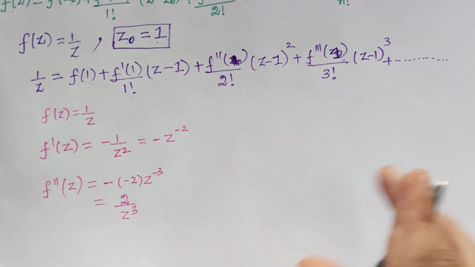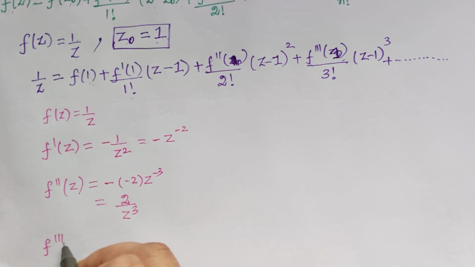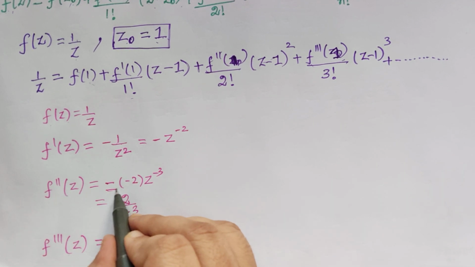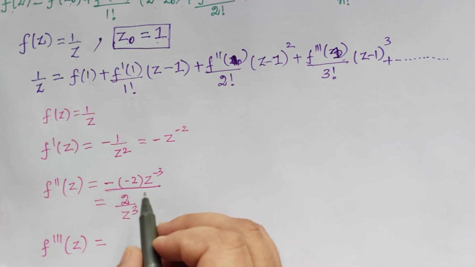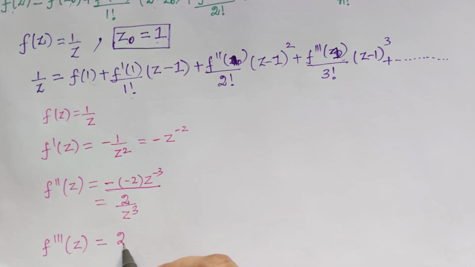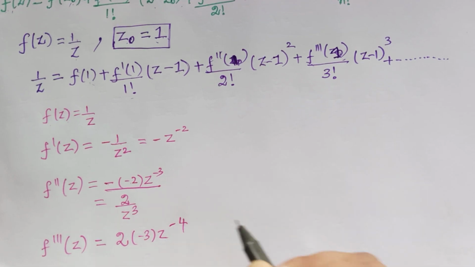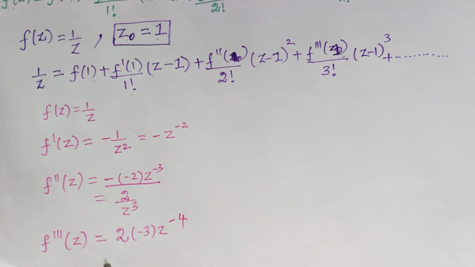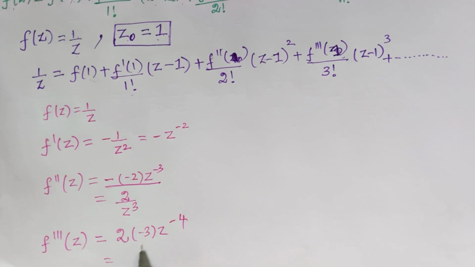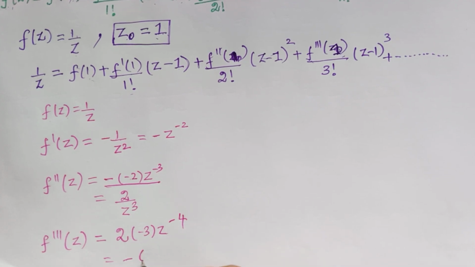In a similar way, let's find f triple dash of z also. This has to be differentiated further. The minus into minus is actually 2, and on differentiation you will be getting minus 3 z to the power minus 4. When you multiply, it will be minus 3 times 2 is 6, divided by z to the power 4.